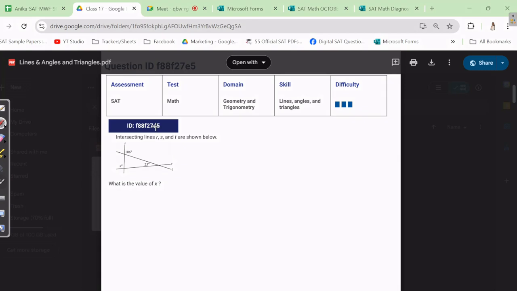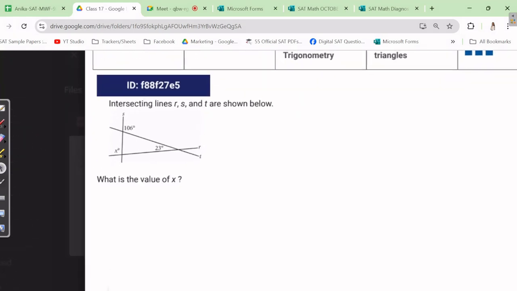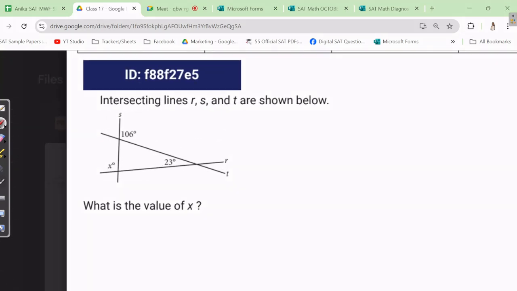So you got 83 for this one? Yes. That is not correct. Can you explain how did you do it? What I did here is I first subtracted 180 from 106, and I got 74. Then I added 74 plus 20.